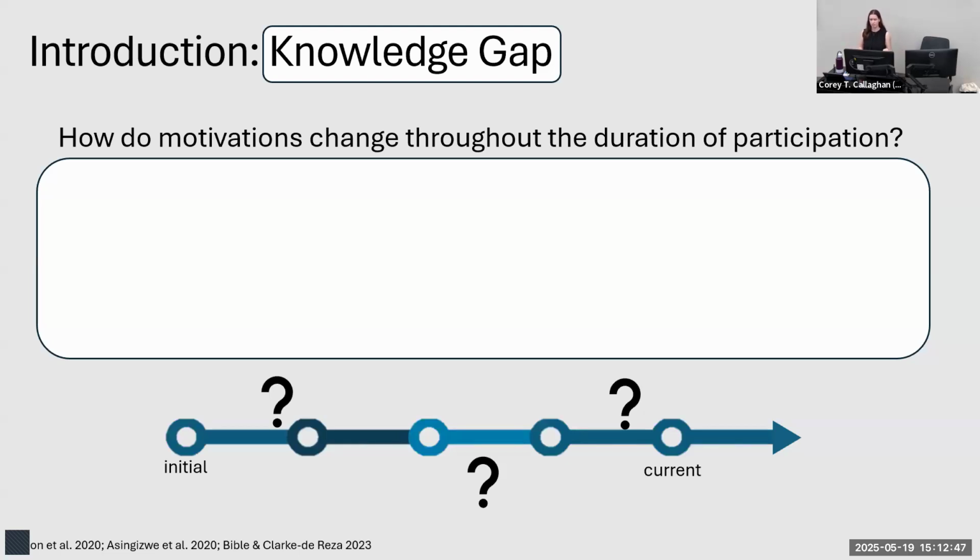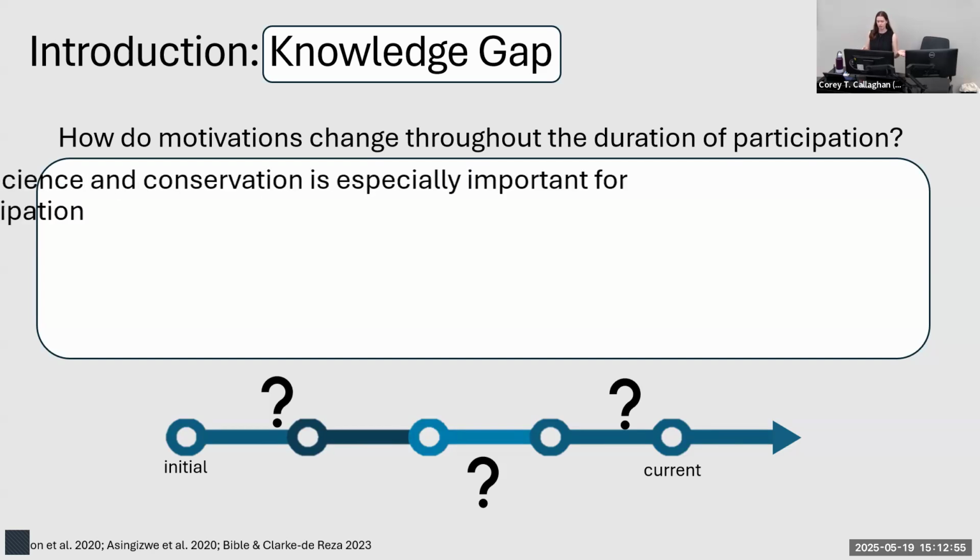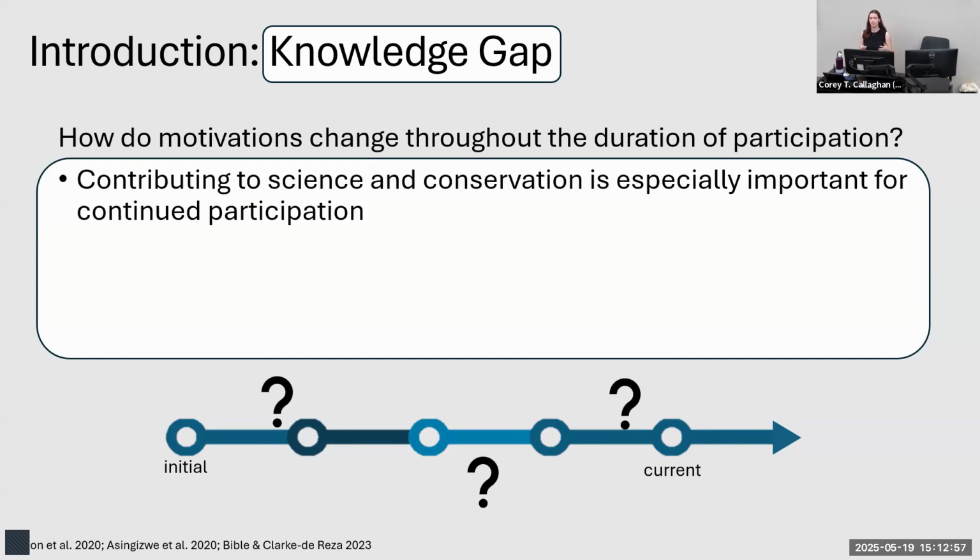And so even though there is kind of a wealth of knowledge on the diversity of motivations and what motivates people to participate, there is still kind of this knowledge gap as to how motivations change throughout the duration of participation. And so previous research has found that contributing to science and conservation is especially important for continued participation, as well as just overall participation.